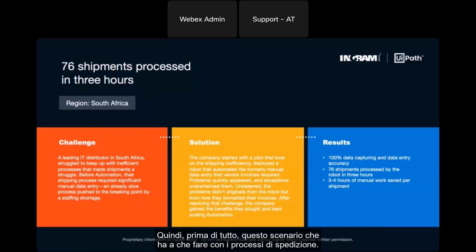So first one, this scenario has to do with shipping processes, right? The shipping process for this organization required significant manual data entry.